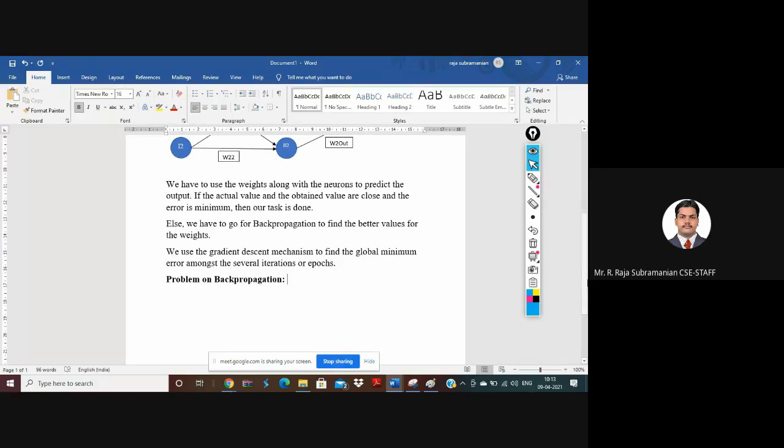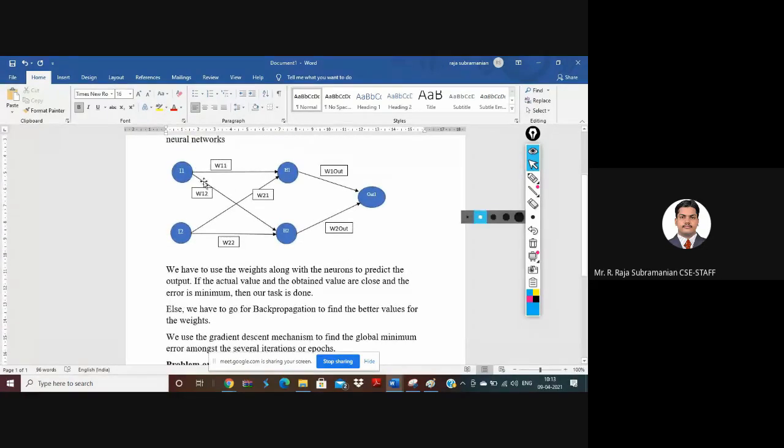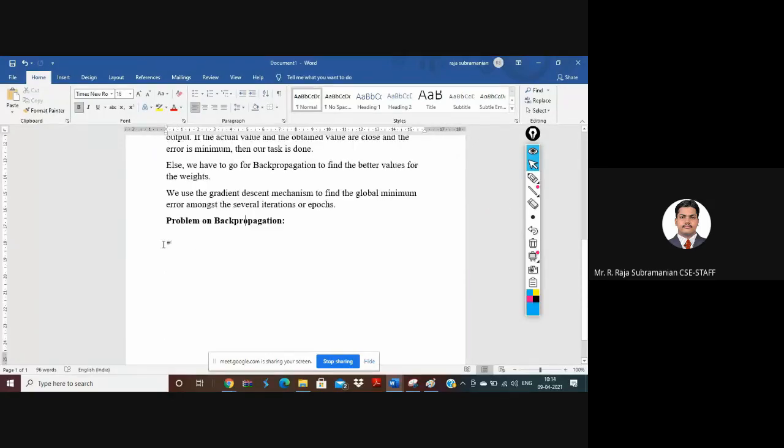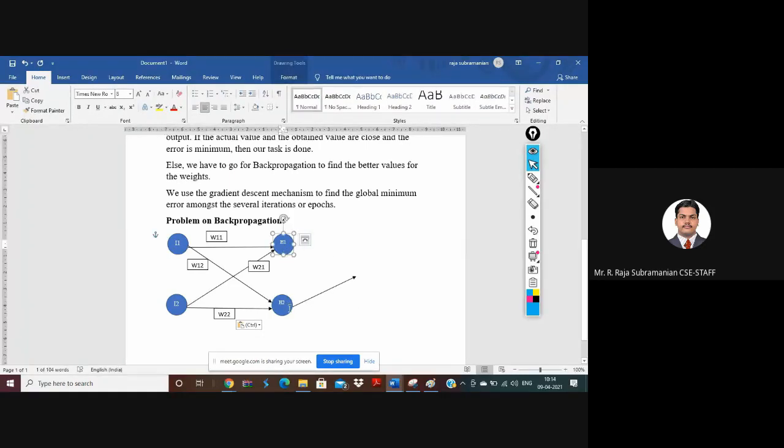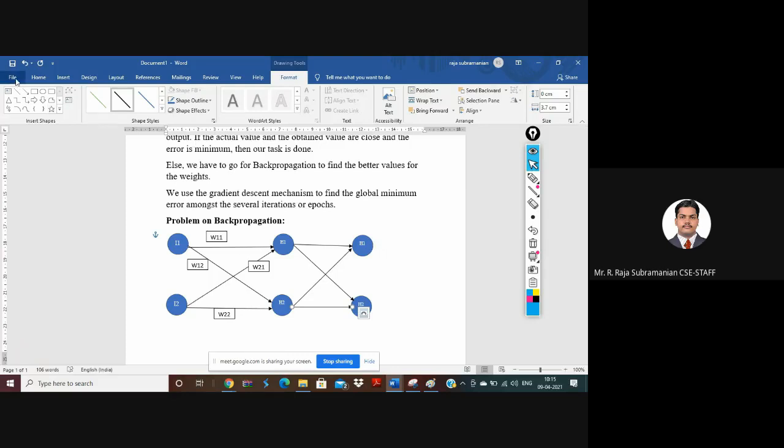Let me take this diagram so that I don't need to draw it one more time. Let me have two outputs for my problem. It is a two-way classifier. So we have something like this.